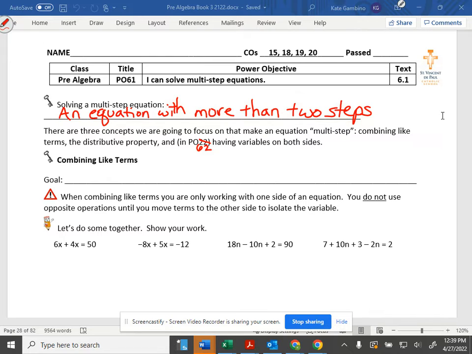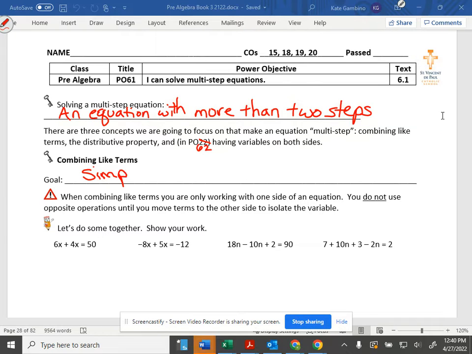So combining like terms, what is the goal? Who remembers, when we did that with the expressions, what was the goal? Simplify.